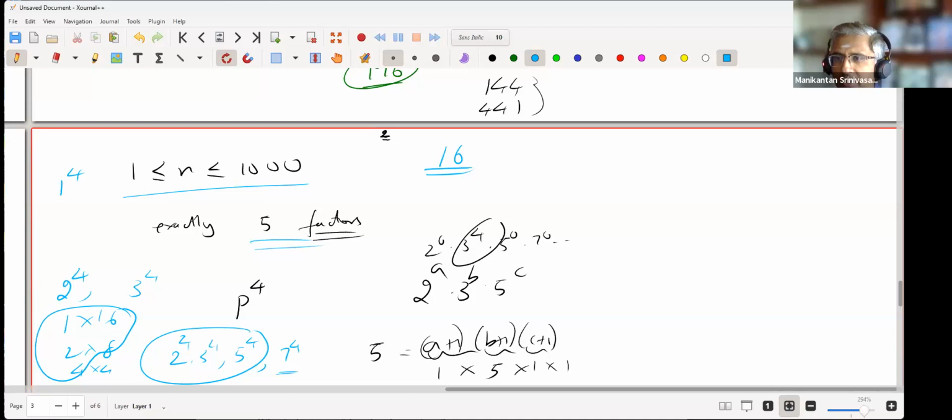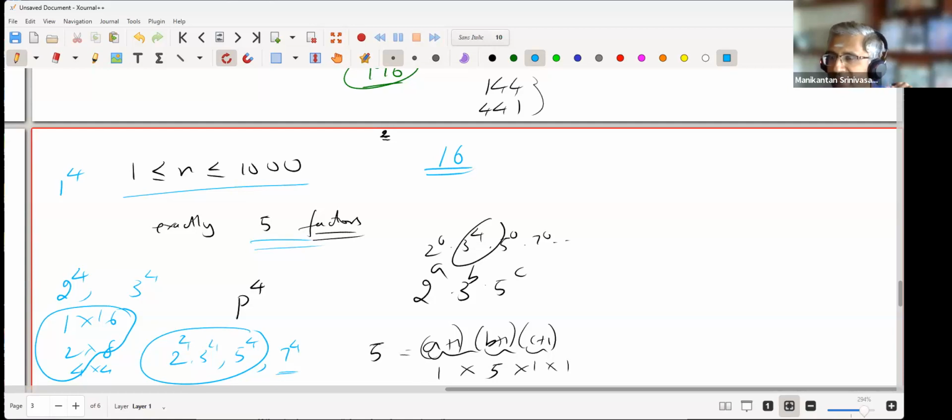I want Akshaj. What is the property of a number which has exactly 3 factors? Would it be a prime square? Prime square. Correct. So first of all, it's a perfect square. It has odd number of factors. That we all agree.